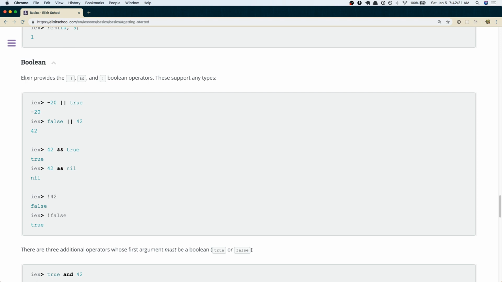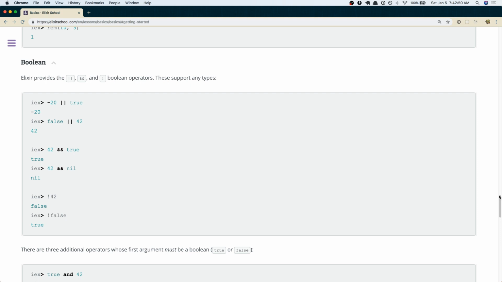Boolean. Elixir provides the ||, &&, and ! operators. These support any types.